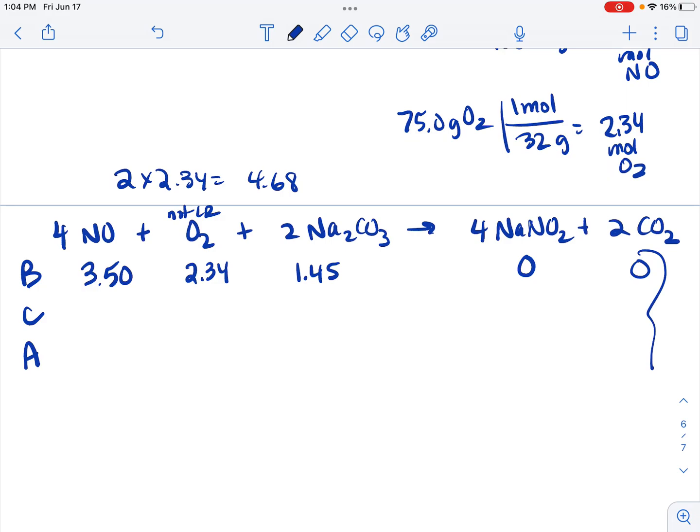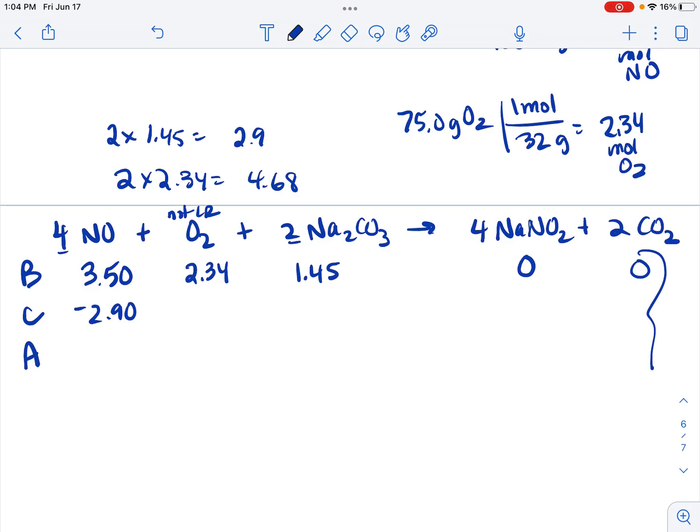And I'm going to maybe go from the sodium carbonate at that point because I know I did not have enough sodium carbonate. Also, I can look at this and say the sodium carbonate is 2 to 4. I would need twice as much nitrogen monoxide. And so if I have twice as much as 1.45, that's 2.9. And if I subtract 2.9 here, that's a positive number.